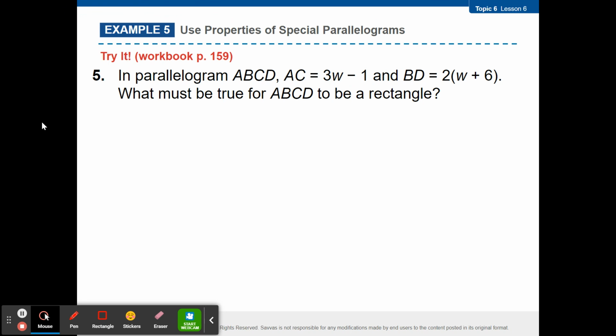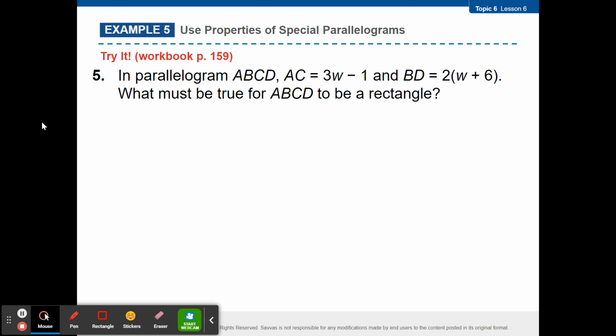Try it number 5. We're going straight into the workbook. The only algebra one you got tonight. In parallelogram ABCD, AC is 3W minus 1. BD is 2 times the quantity W plus 6. What must be true for ABCD to be a rectangle?